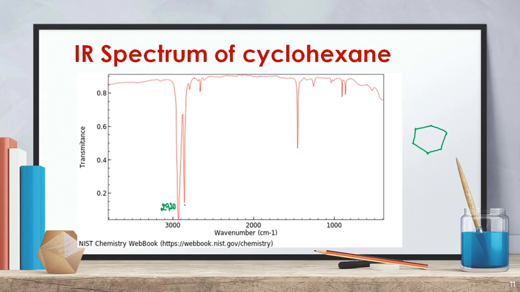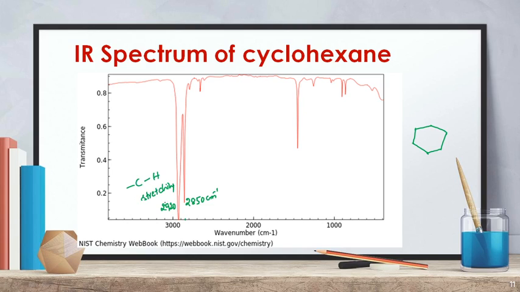Now extrapolate this other point, and it will be at around 2850 centimeter inverse. The two bands appearing at 2920 and 2850 are due to CH stretching.